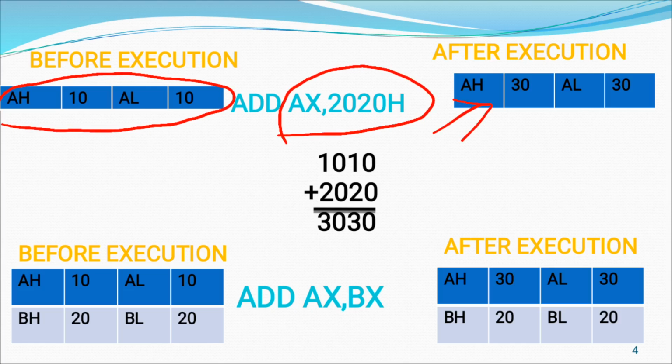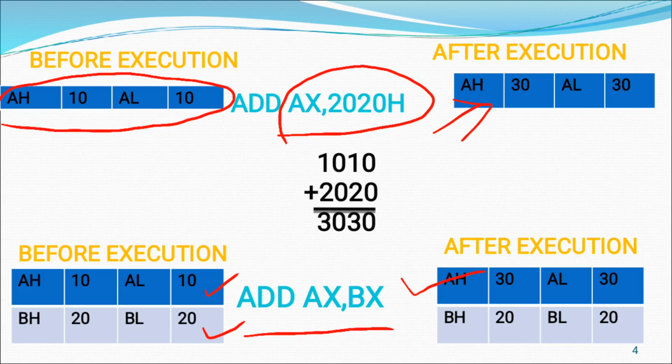Next, ADD AX comma BX. The content of AX is going to be added with the BX register. Let us say the content of AX is 1010 and BX is 2020. If we add 1010 and 2020, the result will be 3030.